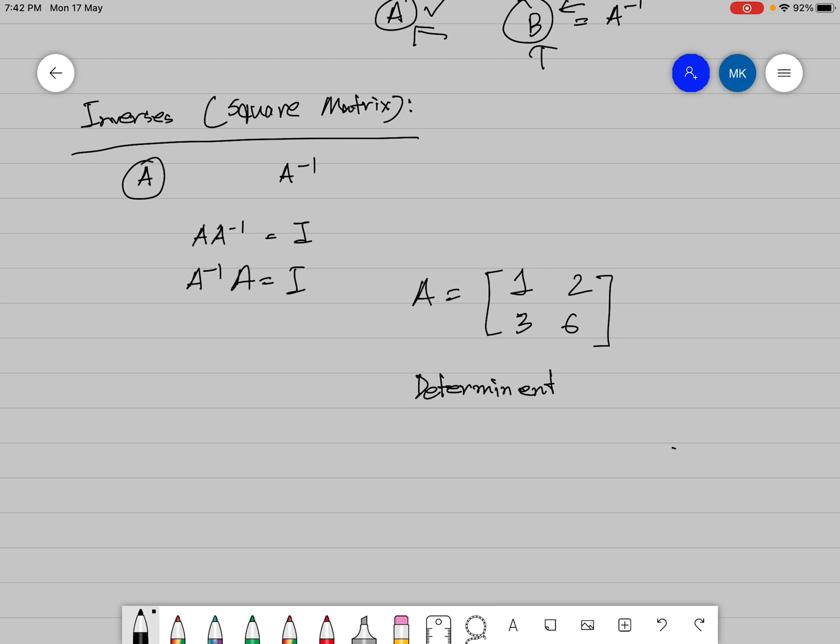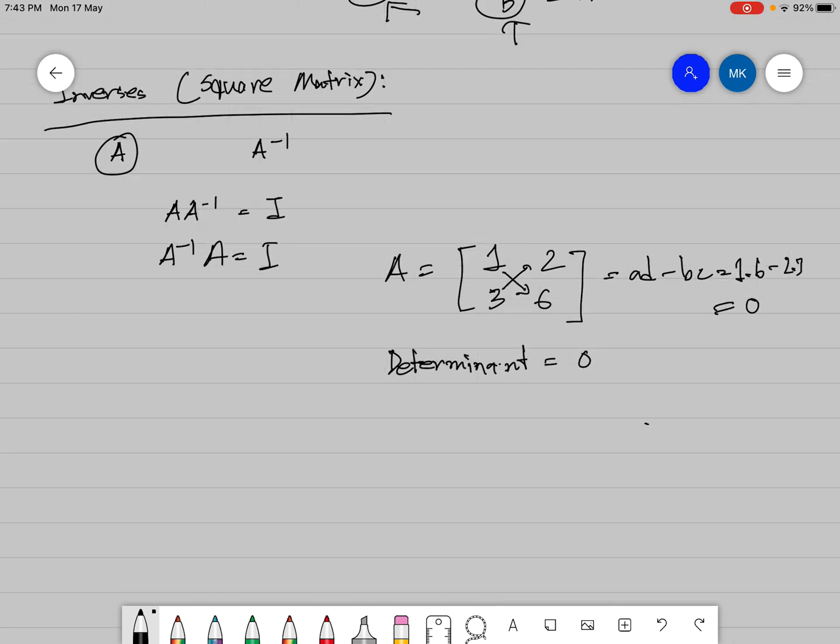The determinant here is 0. You multiply this corner and subtract it from the other corner, AD minus BC for any matrix ABCD, and this is 1 into 6 minus 2 into 3, which is 0 in this case.